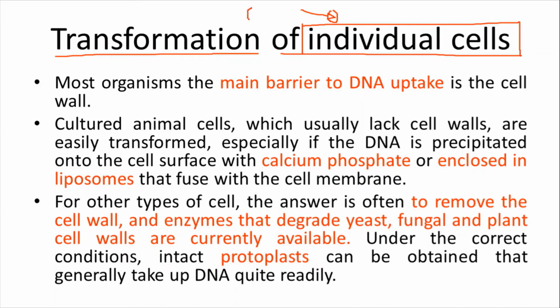Suppose we want to produce a recombinant plant, the recombinant DNA is injected into single protoplast cells. Protoplast means a plant cell with the cell wall removed. So even leaf cells, stem cells, root cells, and meristem cells, whatever cells we can use.